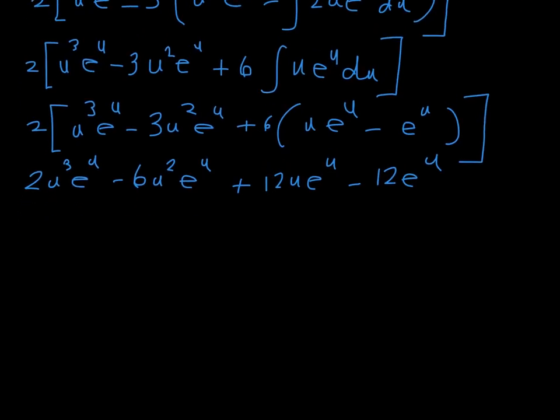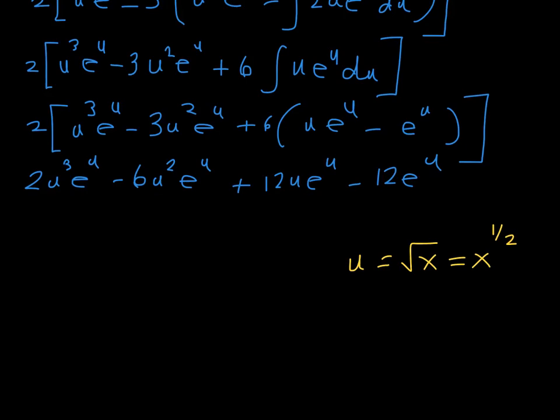Let's not forget what we chose for u in the beginning. We said let u equal the square root of x, which, let's not forget, x is the same thing as x to the 1/2.